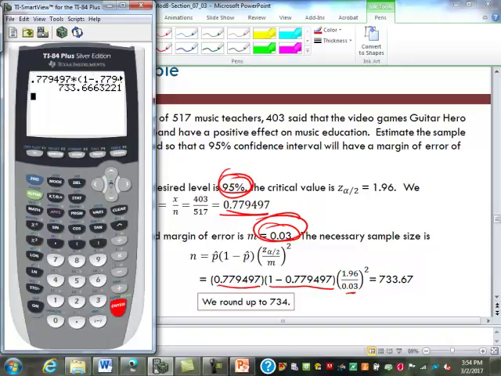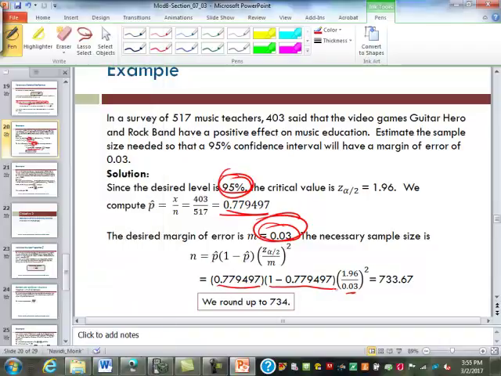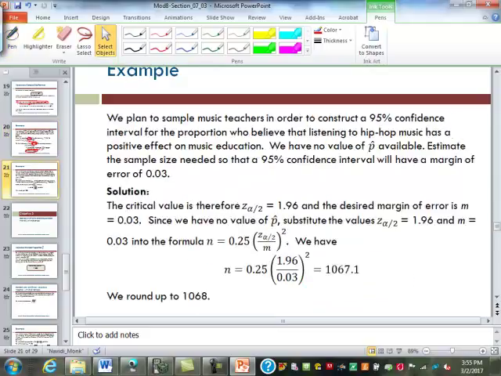It equals 733.666, 733.67 rounded. Again, we always round up. This would have rounded up anyway, but we always round up. So 734. Like we said, better to have too large of a sample than not large enough. If we didn't have that estimate from the previous sample, we would have had to use 0.5 for p hat.